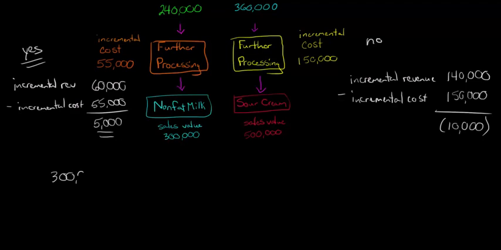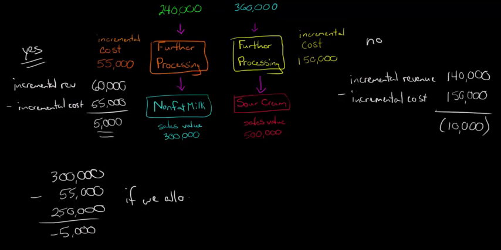We'd say 300,000 we ultimately get as the sales value for the non-fat milk, and then the incremental cost of processing is 55,000. And then we say half of those joint costs, so that's 250,000. If we subtract all this, what do we get? We get negative $5,000. So this is if we allocate 50% of joint costs.